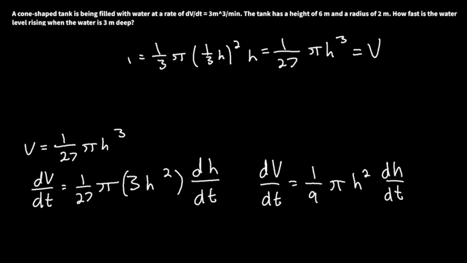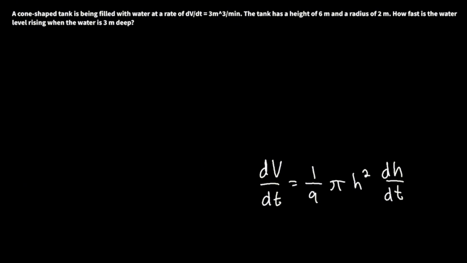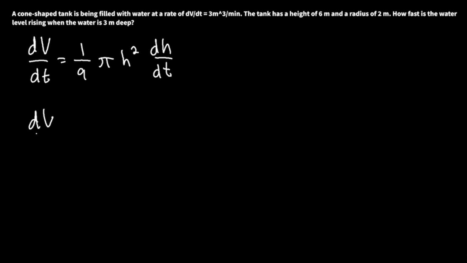So we can erase everything else. We don't need that anymore. You can go back in the video if you're curious. What we have is dv over dt, the change in volume of the water, which is 3 meters cubed per minute, and we also have the height of the tank, h equals 6 meters.